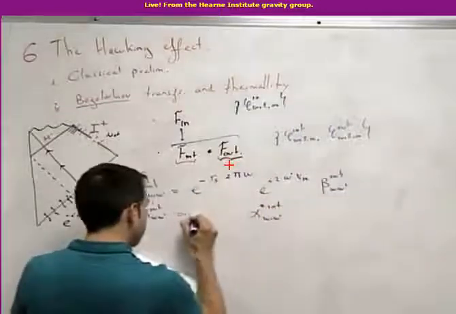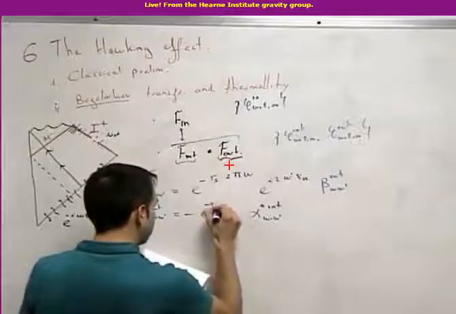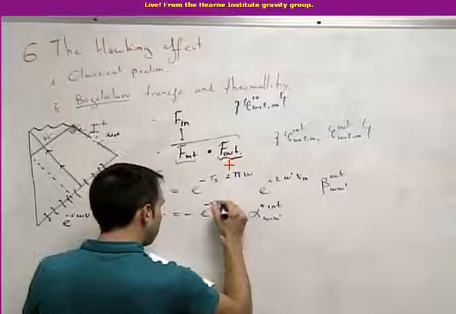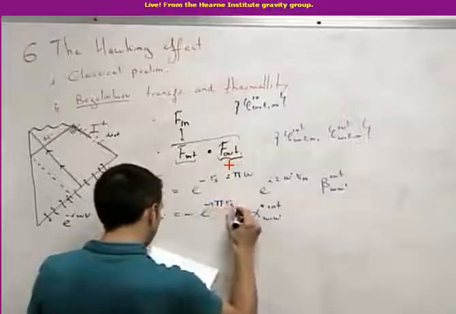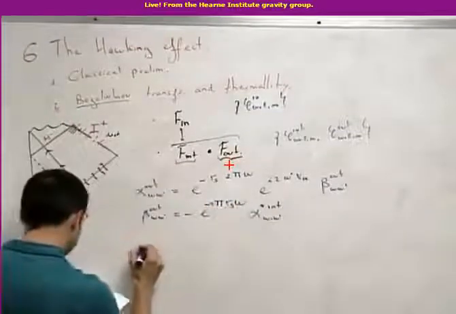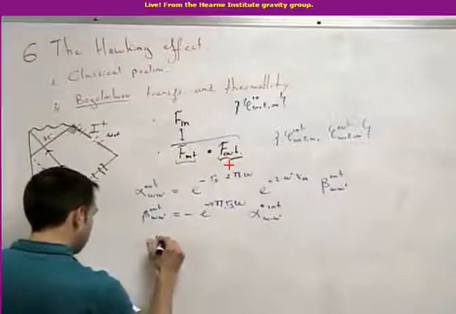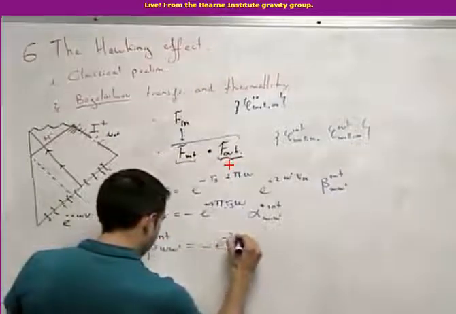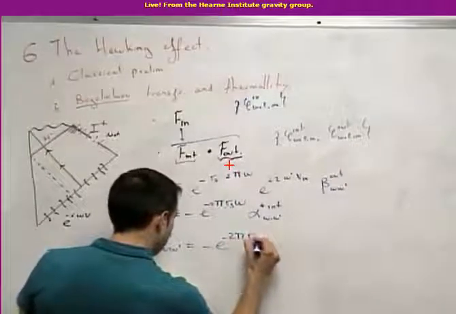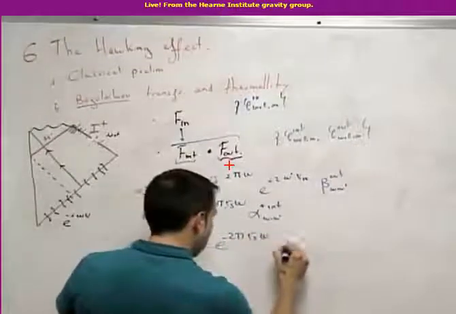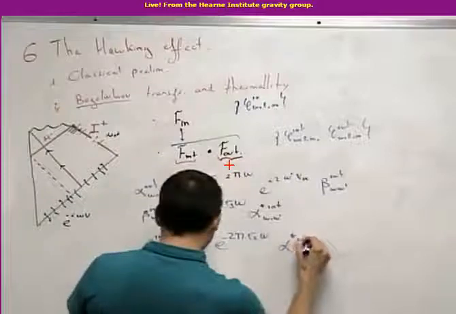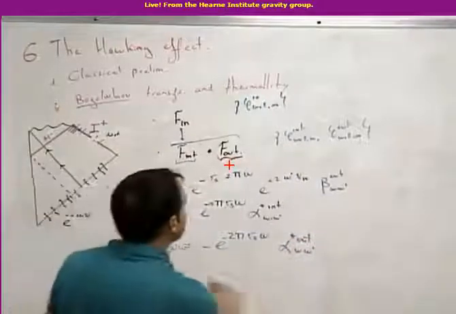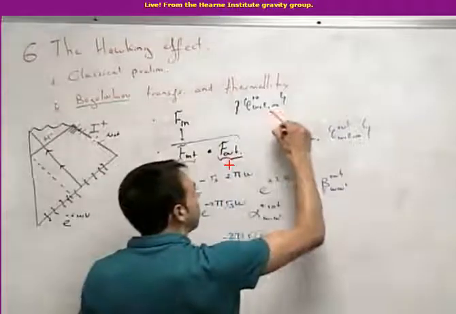e to the minus 2 pi Schwarzschild radius omega. Remember that alpha and beta in are relating this with this.